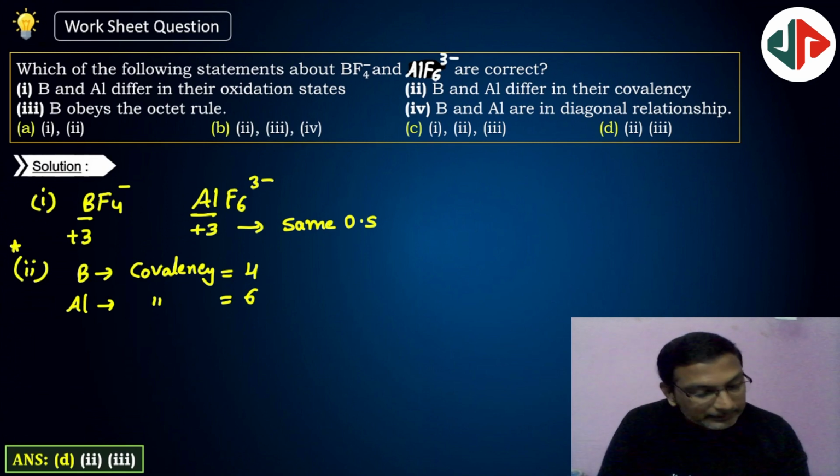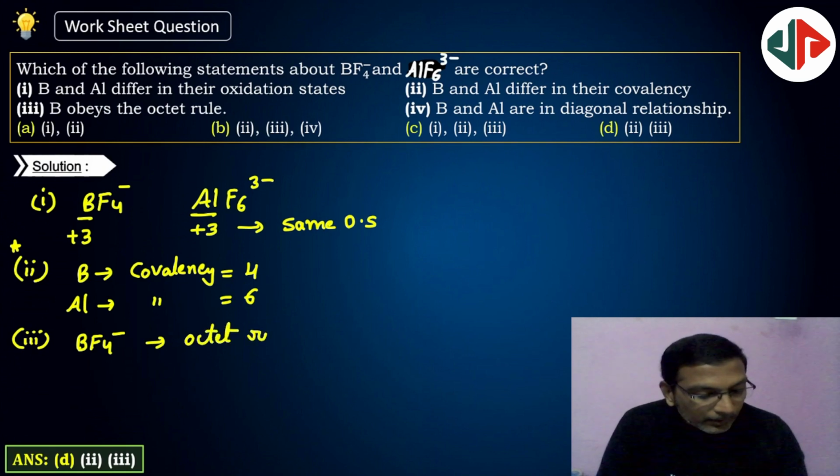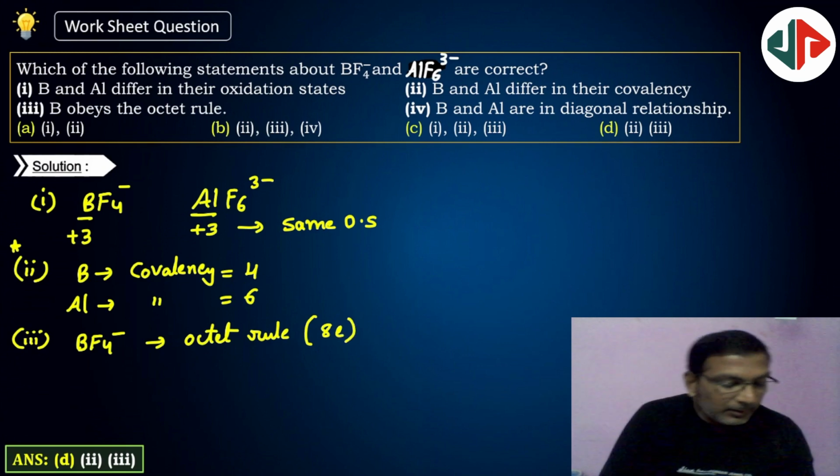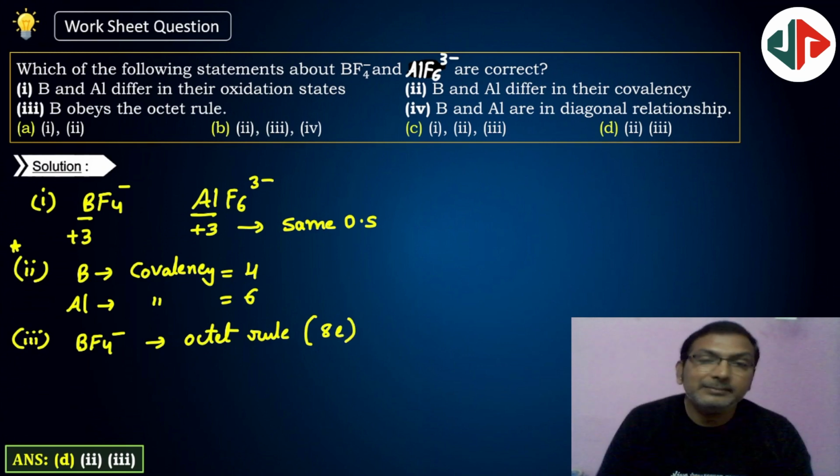Next, third. BF4 minus obeys the octet rule. That means around boron, 4 bonds are present, and 4 bonds means 8 electrons. But around aluminium, 12 electrons will be there. Next, fourth.